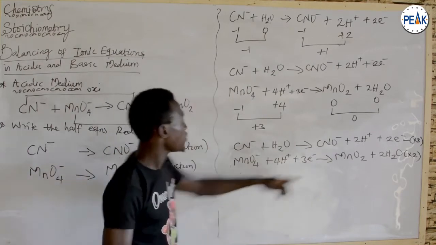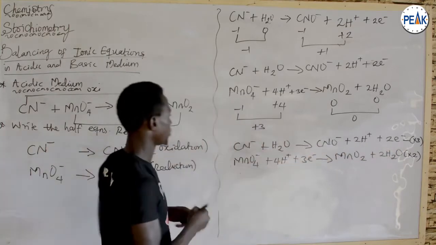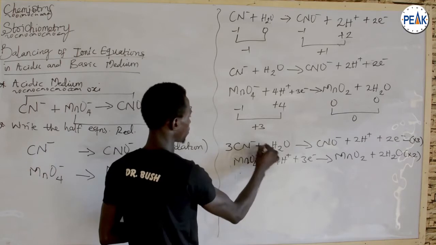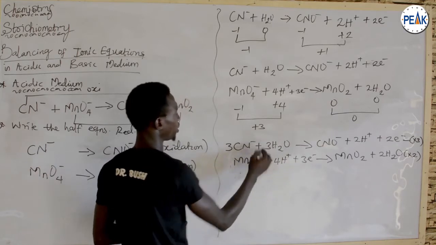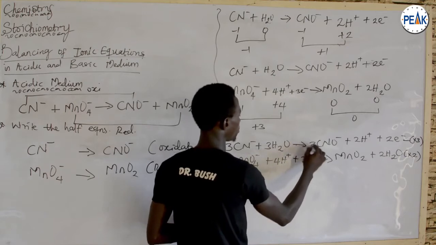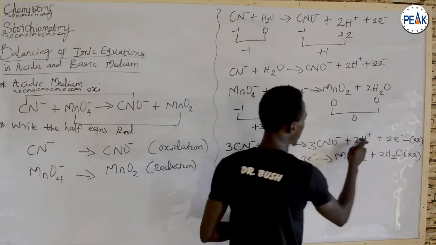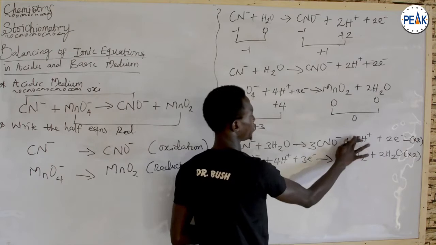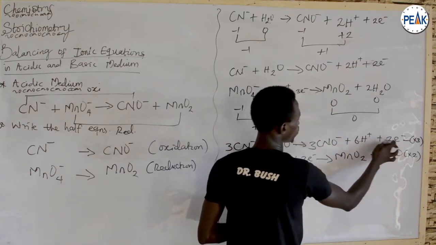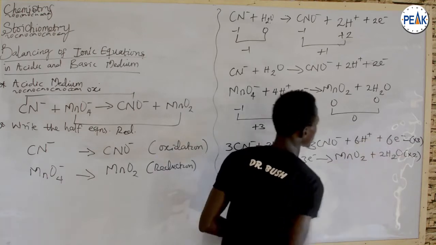If I multiply through this equation by 3, then this will be 3 here, plus 3 times this will be 3 here, plus 3 times CNO minus. This will be 3 here, plus 3 times 2 is 6. I'm raising my 2 and putting 6, plus 3 times 2 here will be 6.